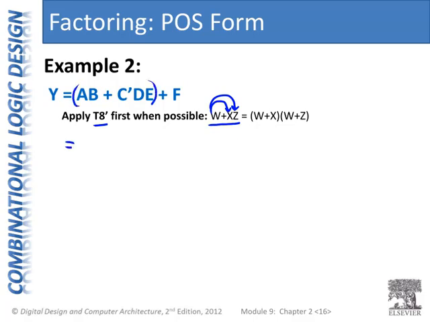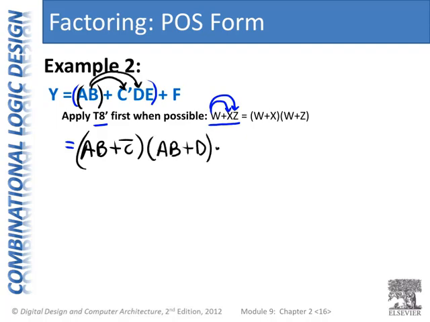So we could say A and B, or C bar, and A and B, or D, quantity, and A and B, or E. So we distribute across that OR, again using T8 prime. And we don't forget to bring down our other term, or F.